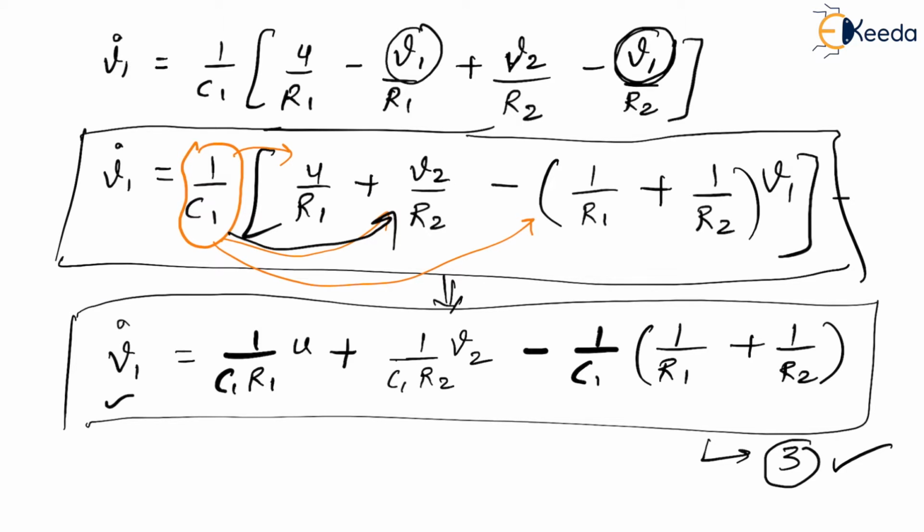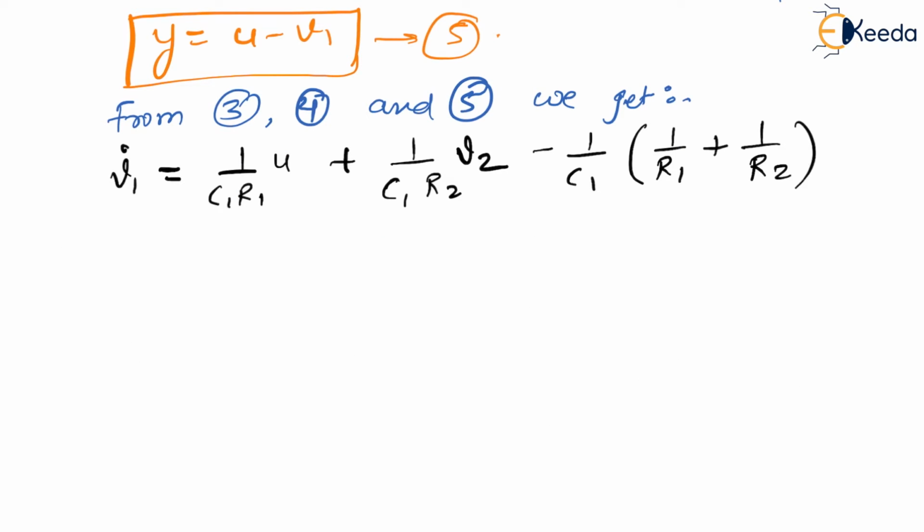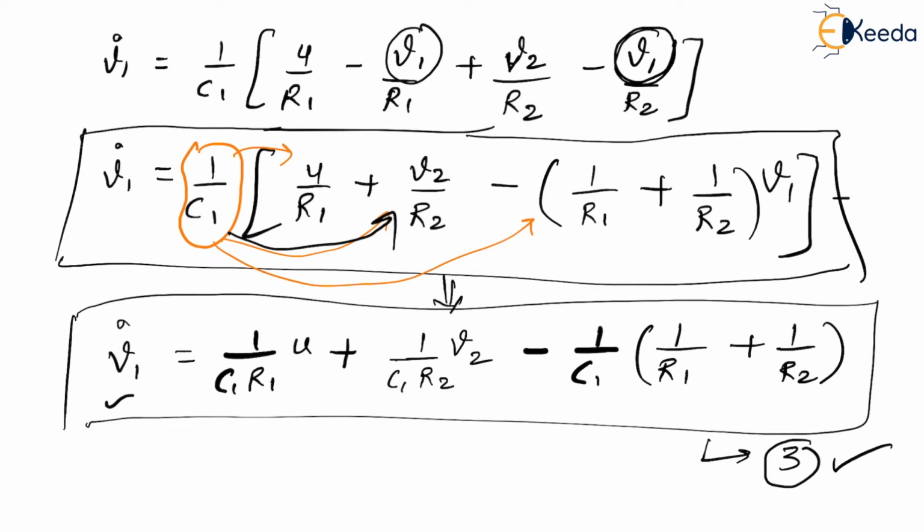Equation 3 is V1 dot is equal to... and also equation 4, which is for V2 dot: V2 dot is 1 by C2 R1 V1.